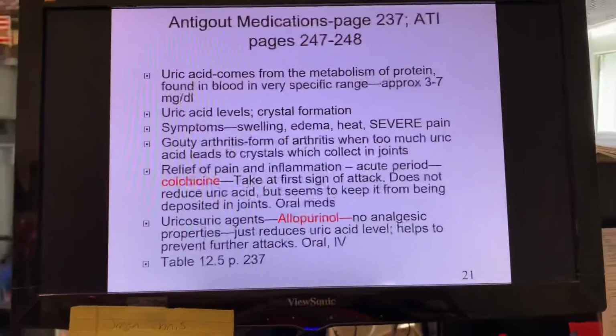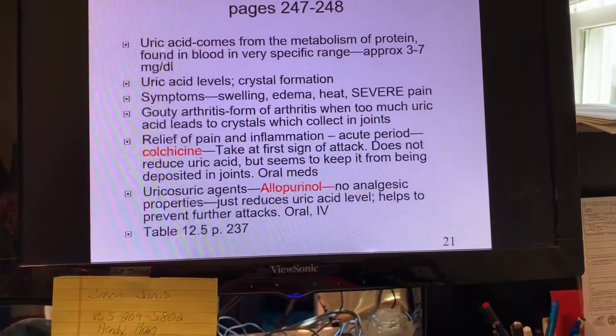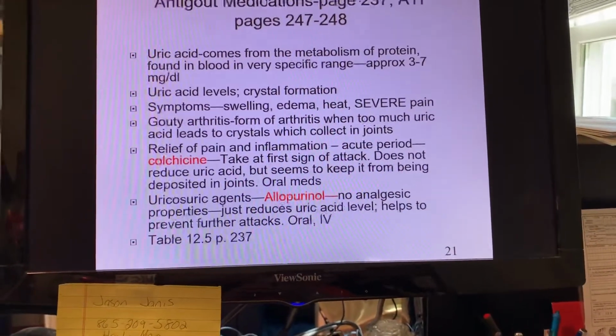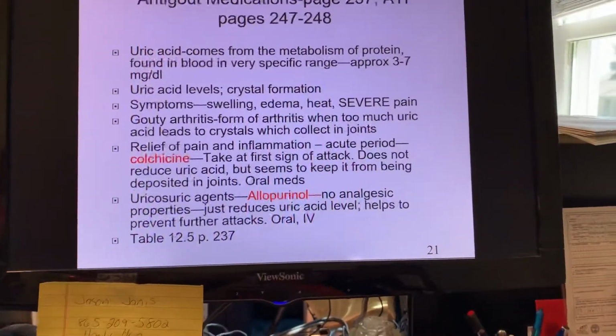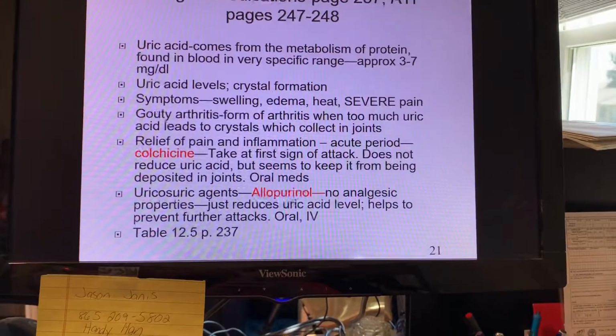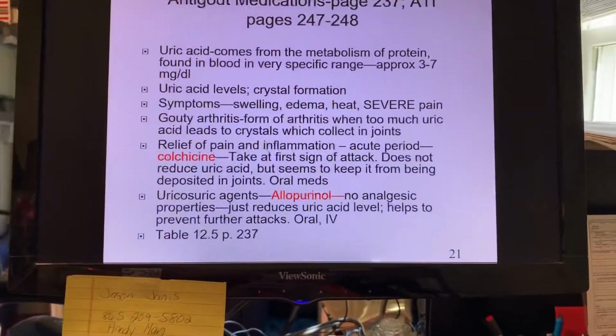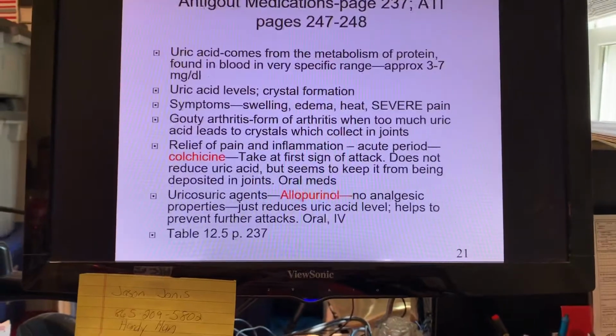The symptoms are swelling and edema from fluid buildup, and a lot of heat. Not that anybody with gouty joints is going to let you touch them without a whole lot of resistance, because the pain is severe.